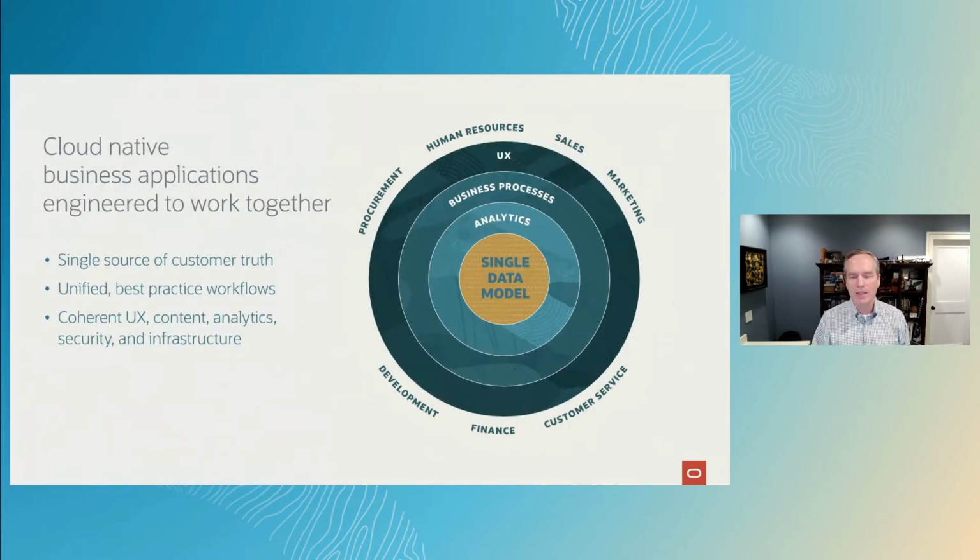And part of that stemmed from realization and feedback from customers that the reason they chose their Oracle applications, one of the big reasons, was to have a single system of record, a single source of truth, single data model for all business data and processes, and all of the logic that goes with that. Why is that important?